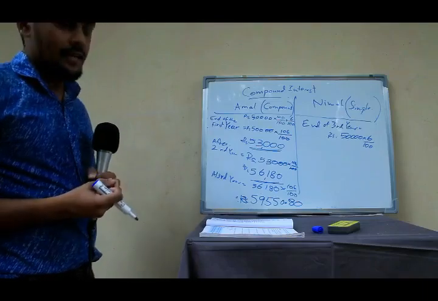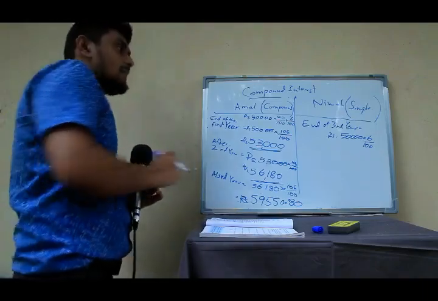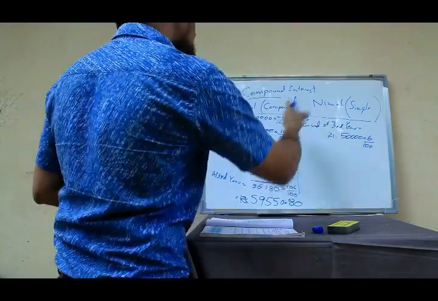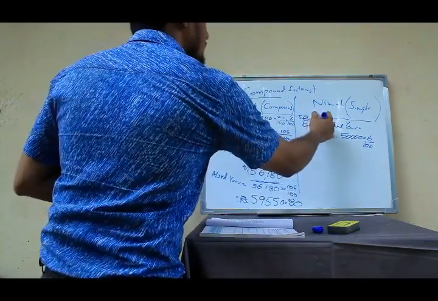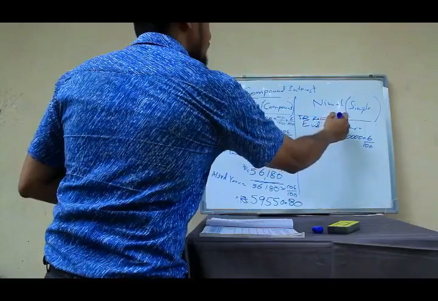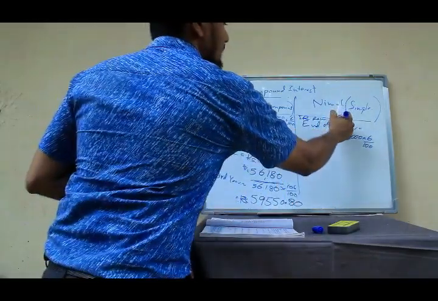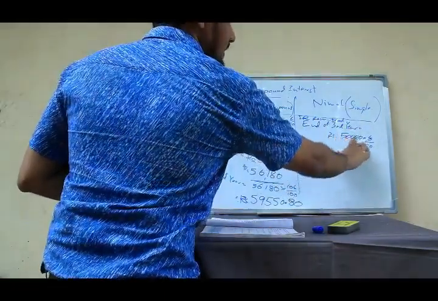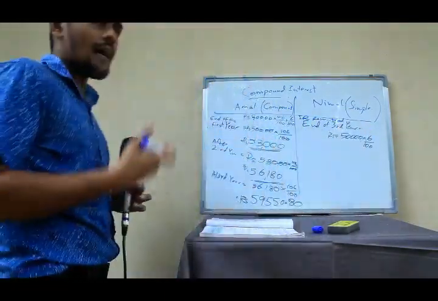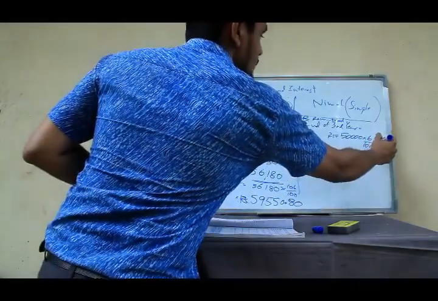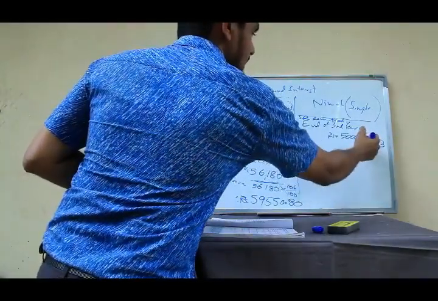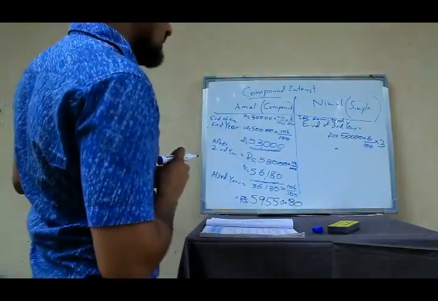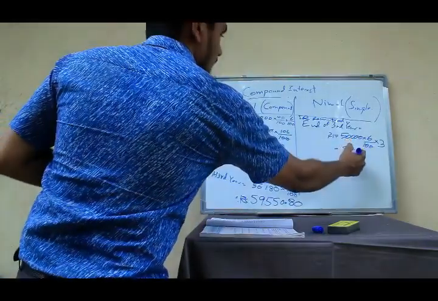We are finding the interest received by the end of the third year. How many years are there? 3 years. Then you can apply 3, cut 2 zeros. Then the answer is 9,000.